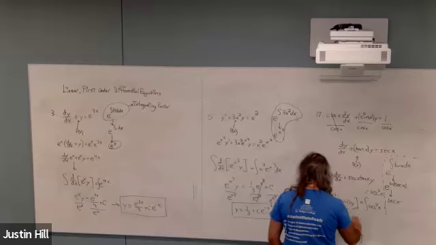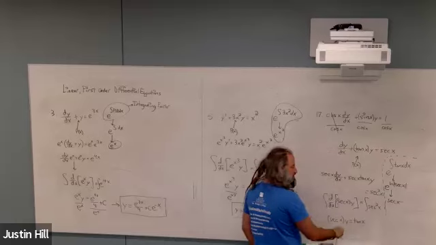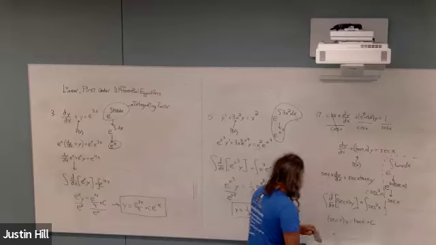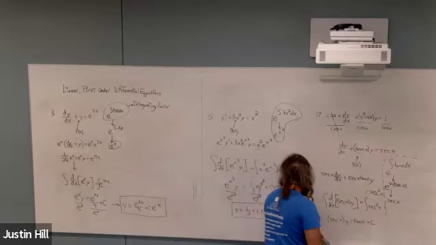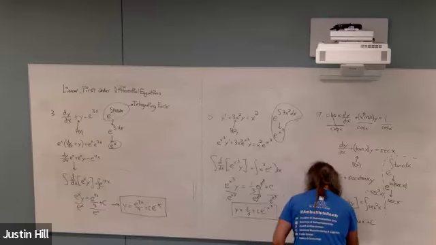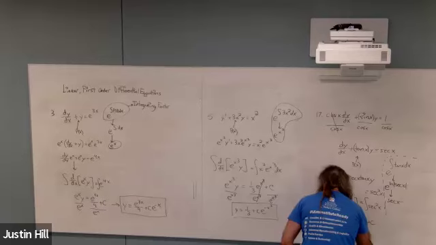The integral on the right side is going to be tangent x, because the derivative of tangent is secant squared, plus c. And then we're going to divide both sides by secant.